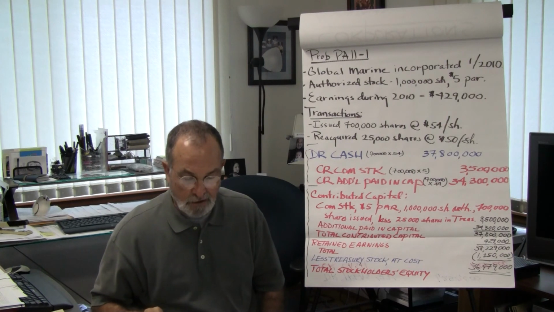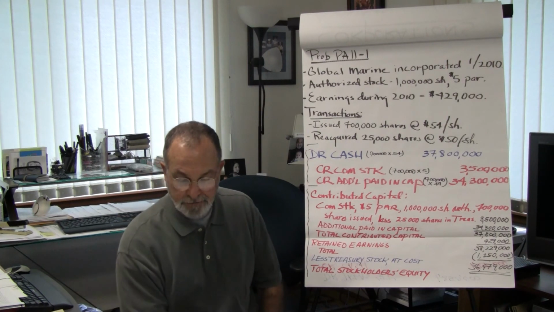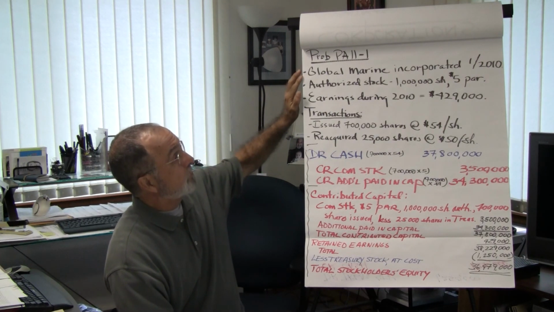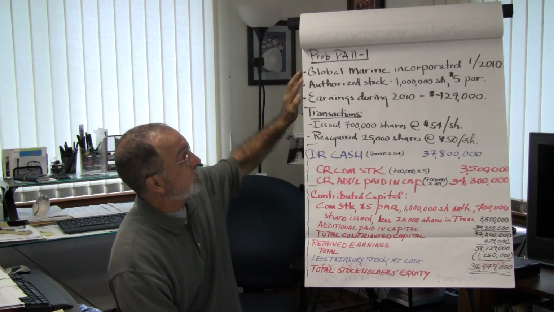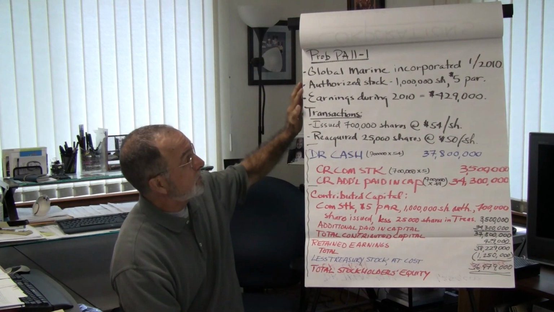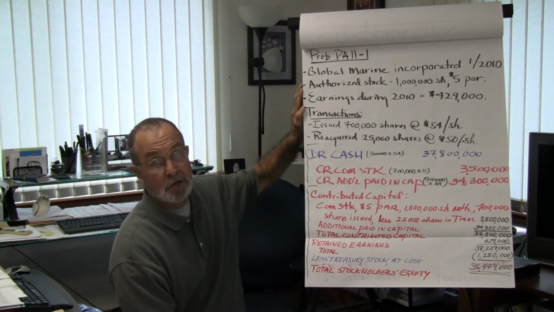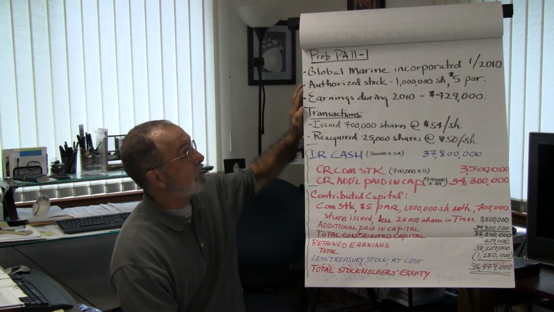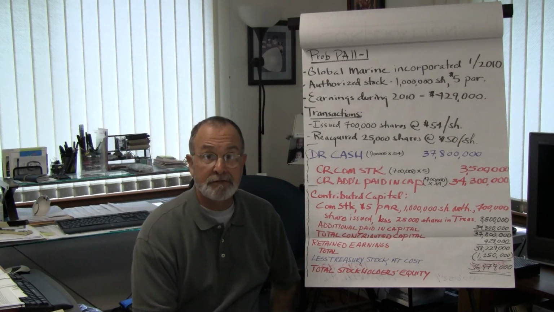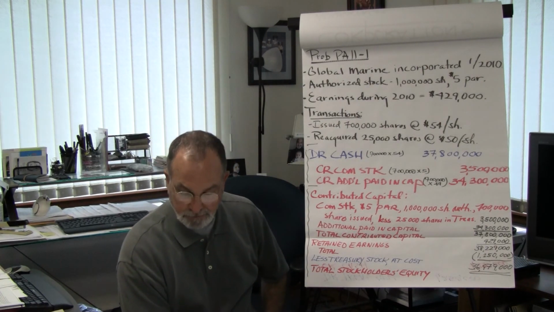PA11-1, Global Marine obtained a charter from the state in January 2010. So they were incorporated in January 2010, and their authorized stock by corporate charter, they were authorized to issue 1 million shares of $5 par value stock.